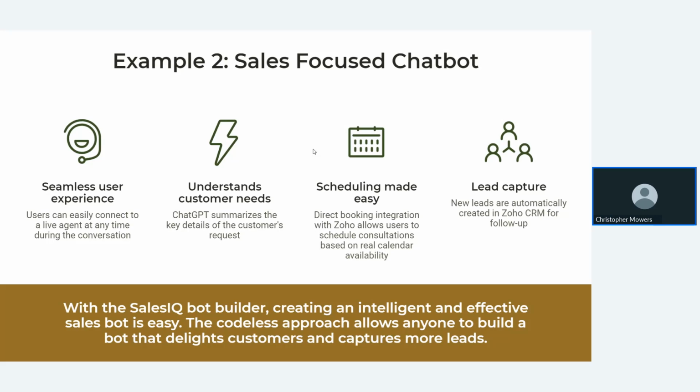Scheduling is made easy. We have a direct integration with Zoho Bookings that allows this user of the chatbot to schedule on your calendar. You can go back and forth with people over email, or you can just let them schedule right on your calendar according to rules that you've set for when you're available. Additionally, we're going to capture the lead in Zoho CRM for follow-up.